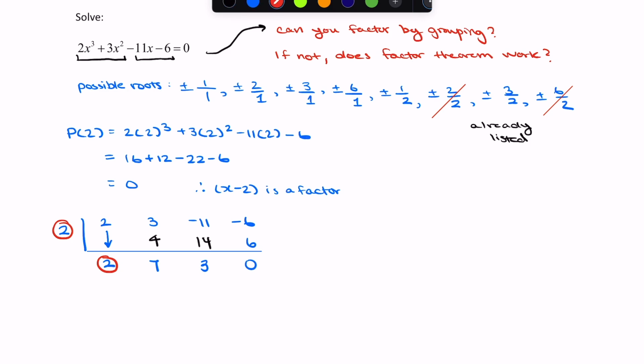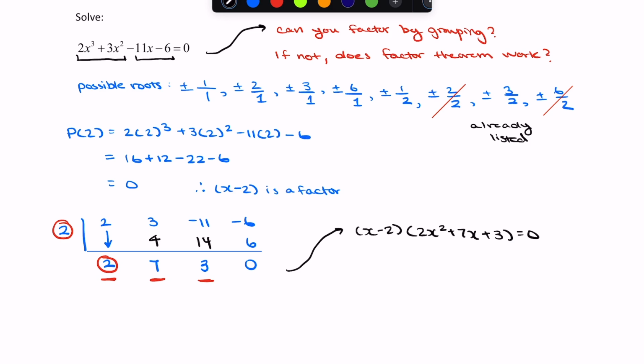So we see here 2, 7, and 3 will be our coefficients after we factor out x minus 2. So if we factor out x minus 2, we'll get 2x squared plus 7x plus 3 is equal to 0.